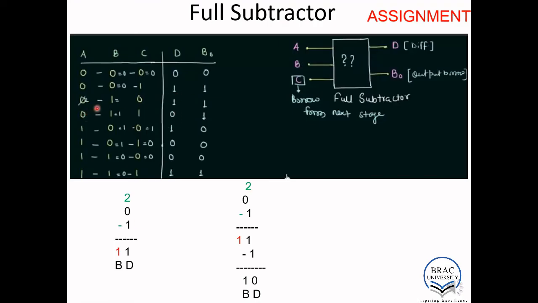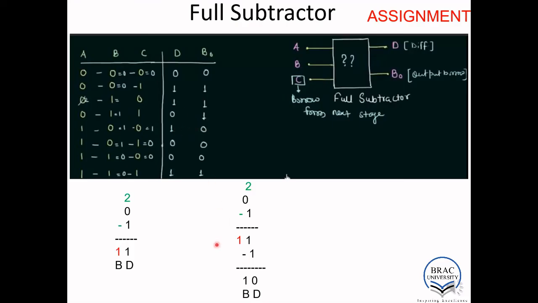Again, 0 minus 1, so it will be 1. Again, 0 minus 1, then minus 1 again, so the output becomes 1 0. So D is 1 and B is 0.